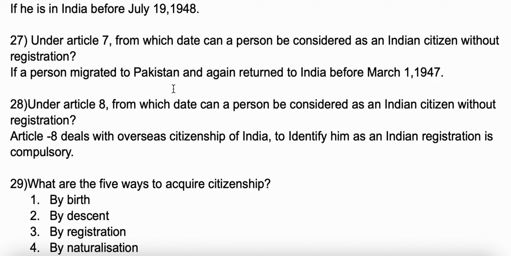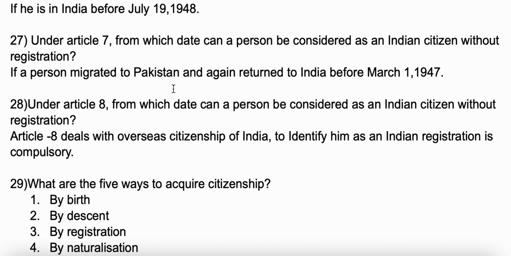Okay. There is a difference between Article 6 and Article 7. Please remember those dates. In the questions they might confuse you with these dates also. 28th question, under Article 8, from which date can a person be considered as an Indian citizen without registration? So, Article 8 deals with overseas citizenship of India.